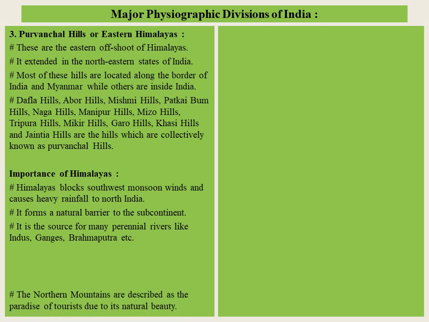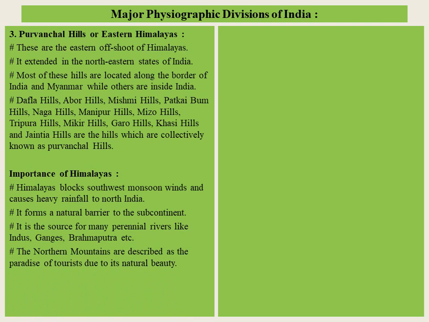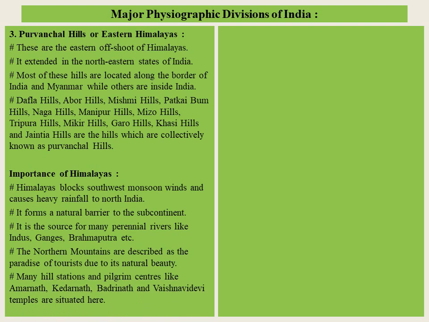The northern mountains are described as the paradise of tourists due to their natural beauty. Many hill stations and pilgrim centers like Amarnath, Kedarnath, Badrinath and Vaishno Devi temples are situated here.